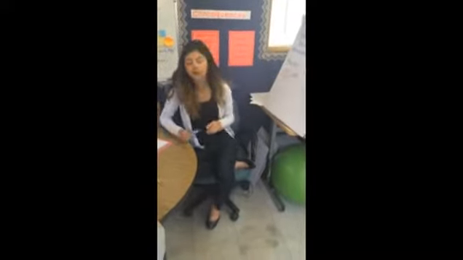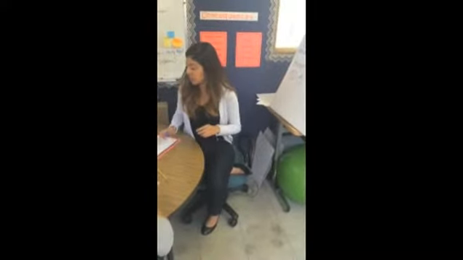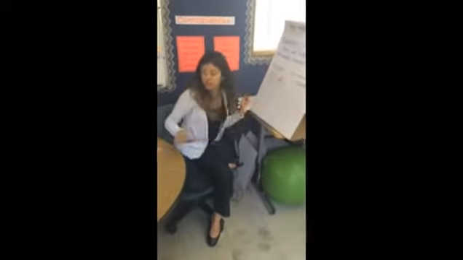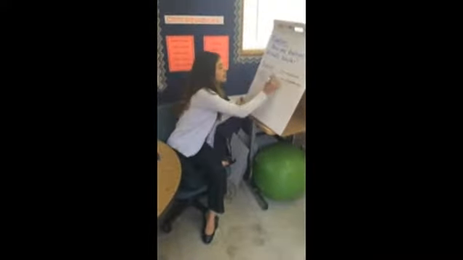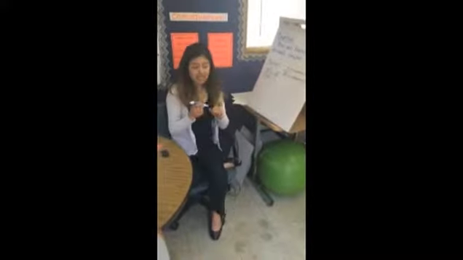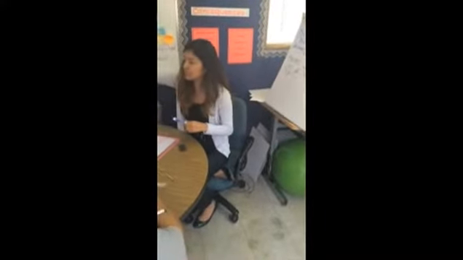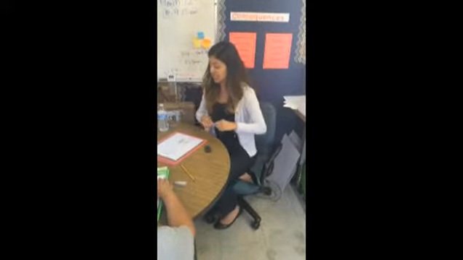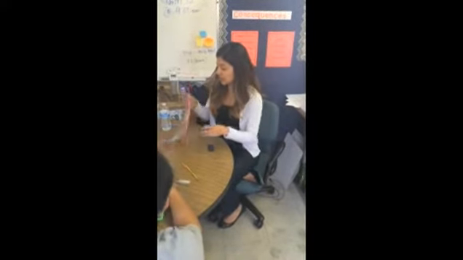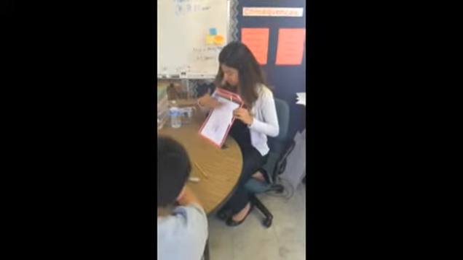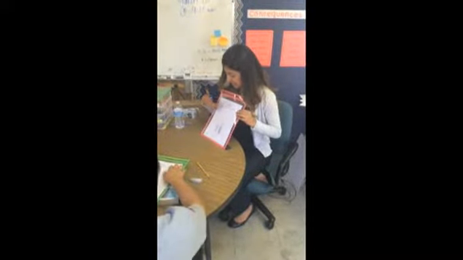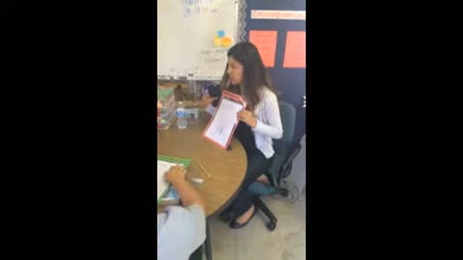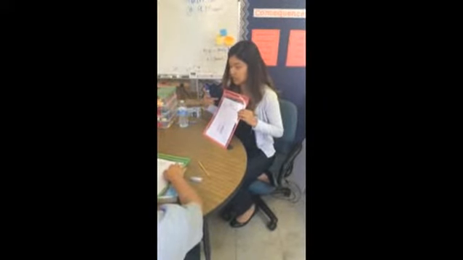Okay, let's look at this fraction that we wrote up here. 3/4. I'm sorry. I'm going to change it to 3/10 because today we're focusing on the denominator of 10. So if we look at our first model, the rectangle is broken up into how many equal parts?